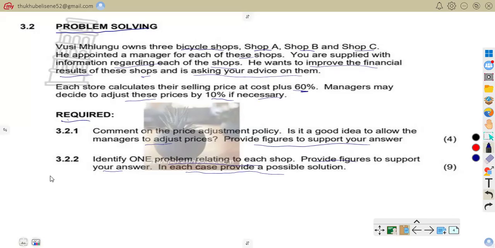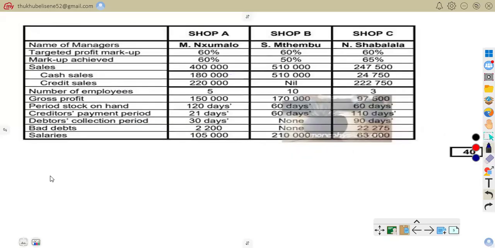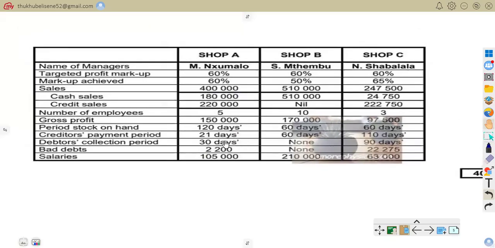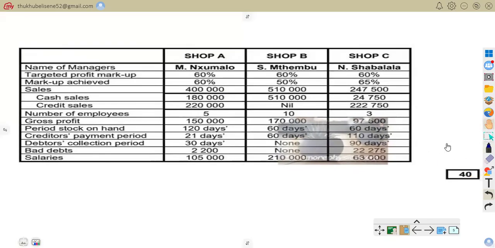So let us attend to 3.21, and we first come to the given information. If you can remember very well, we are asked to comment on the price adjustment policy, whether it's a good idea to allow the managers to adjust price. So we were asked to comment with figures.